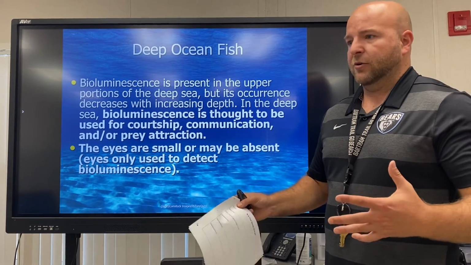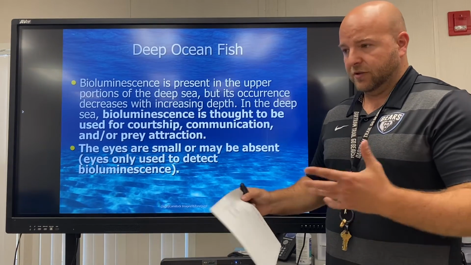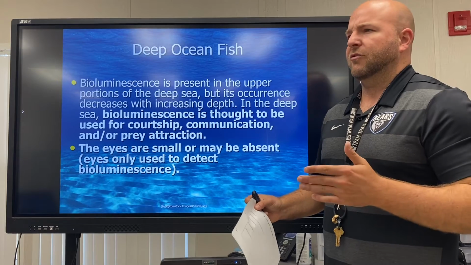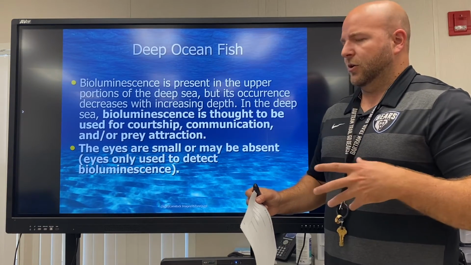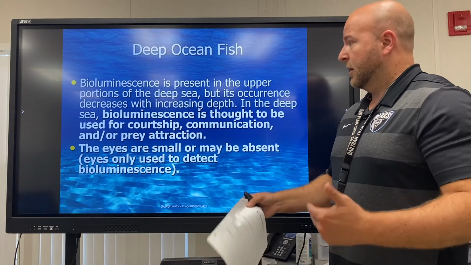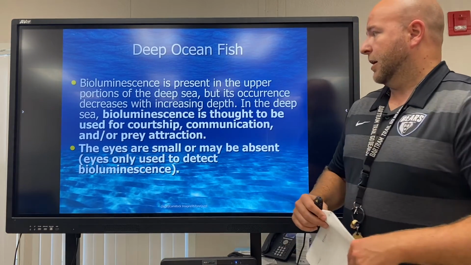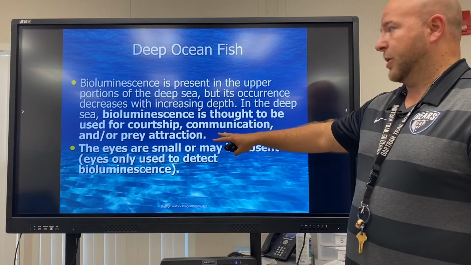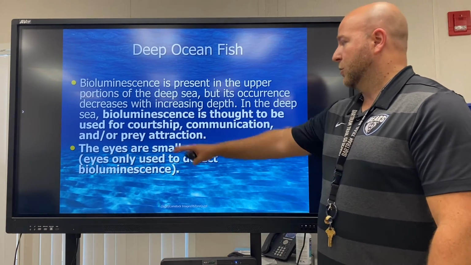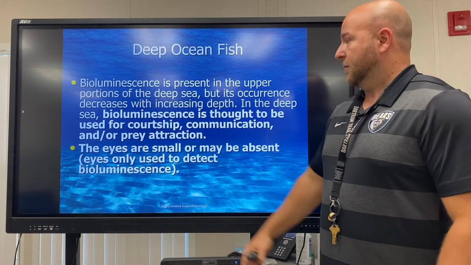It's a symbiotic relationship with the organism, usually a fish. There could be some other organisms too, actually a number of them. But the organism will have this bacteria on it. The bacteria provides a little bit of light. It is thought that this bioluminescence might help towards courtship. They could be used in attracting prey.